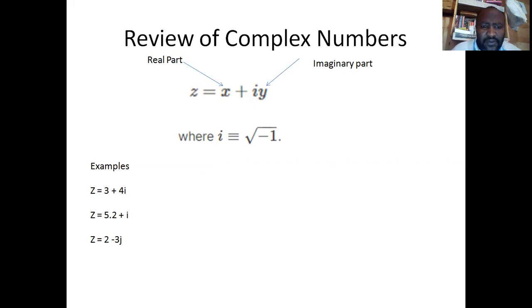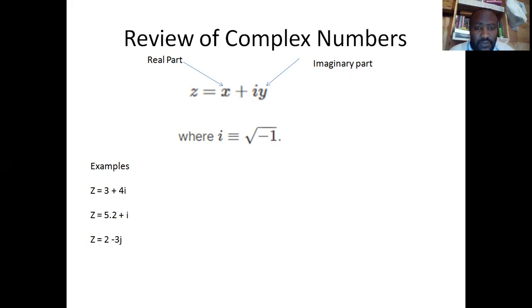And I have shown you there, you have been given a complex number, Z, and it comes with the real part, which is X, and the imaginary part, which is Y. And the way you know the real and the imaginary part is because the imaginary part is also accompanied by the imaginary number i. i is basically the square root of -1.